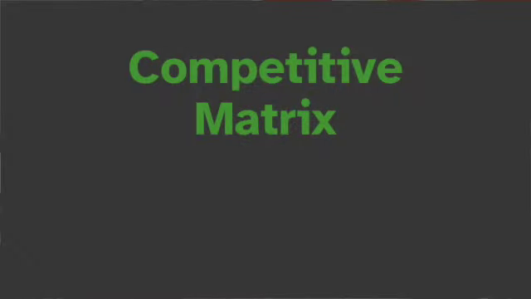I found actually doing this in a Word type document or Google Doc to be easier than doing it in a spreadsheet. And that's because you don't want to be doing just numerical evaluations or check marks. Yes, we have this capability. No, the competitor doesn't have that capability. That doesn't really help a salesperson who's in a discussion with a customer. The salesperson says, well, they don't have that capability.